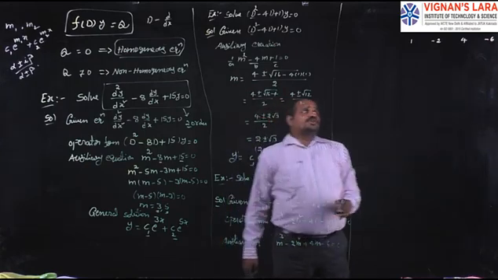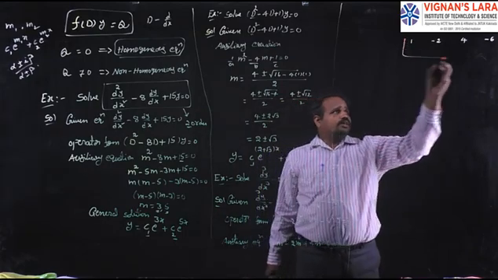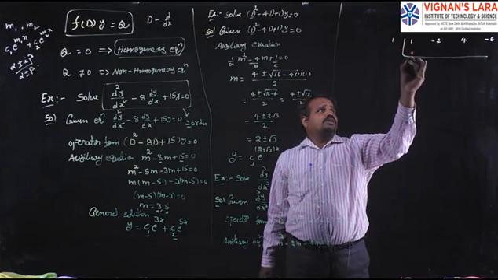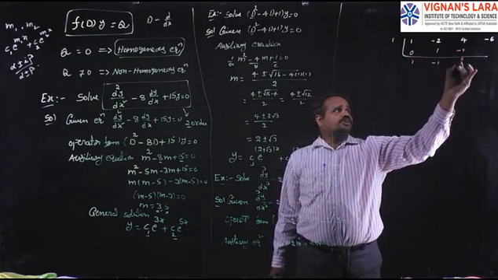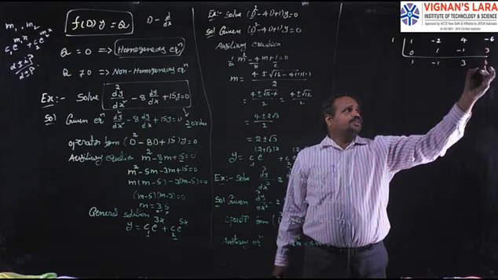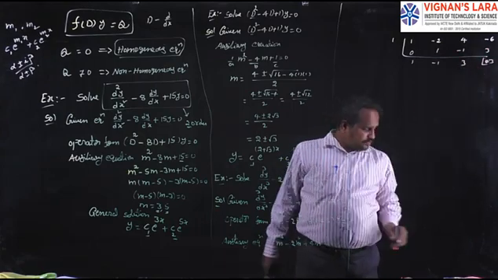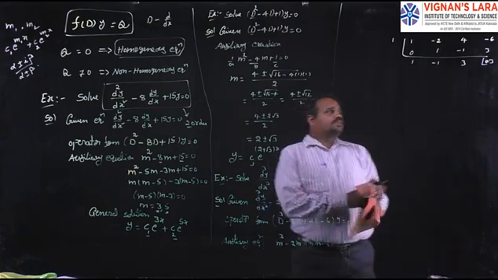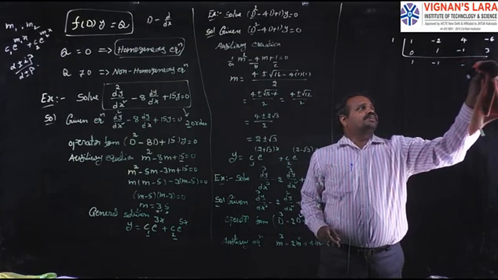So what are the roots of the equation? Check 1. Take 1 here. 1, 0, 1; 1 times 1; minus 1; 1 minus 1; 3; 1 times 3. So here this value is minus 3, which is not equal to 0, so 1 is not a root of the equation. So check minus 1.